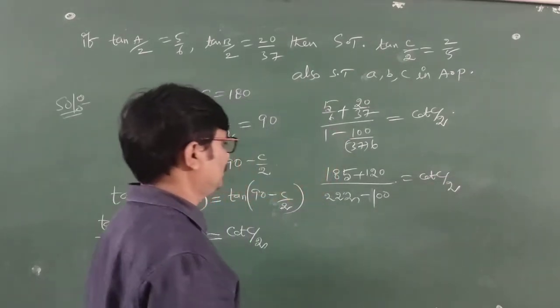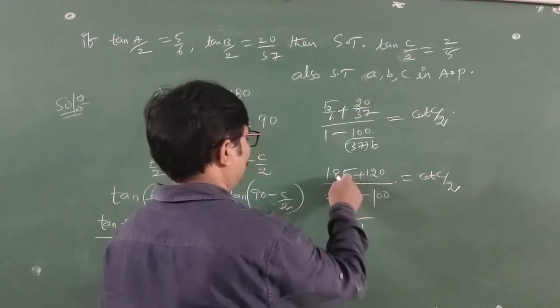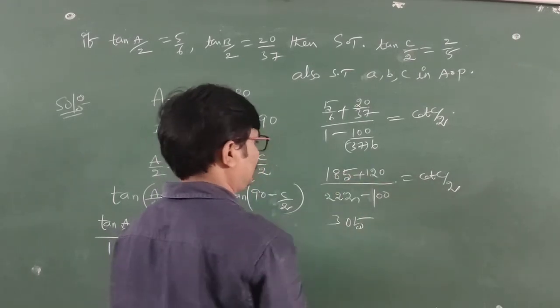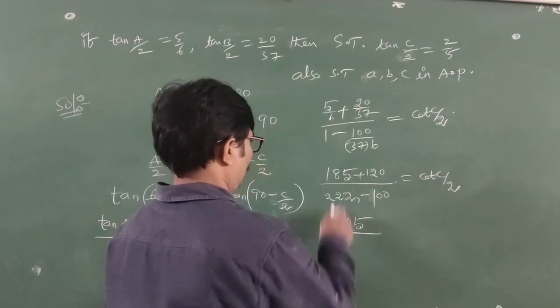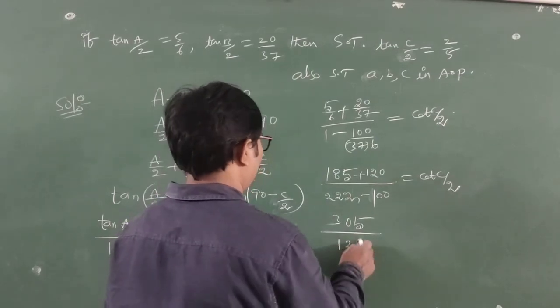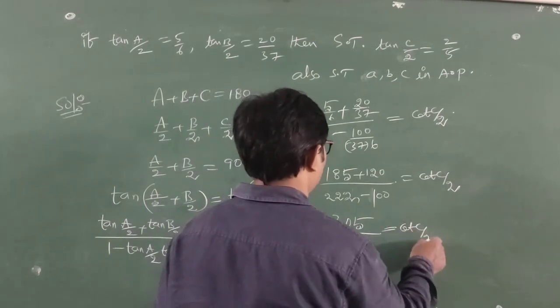My dear students, what is this? 305 upon 122 equals cot of C by 2.